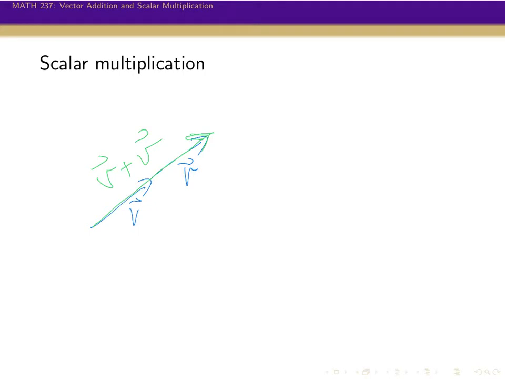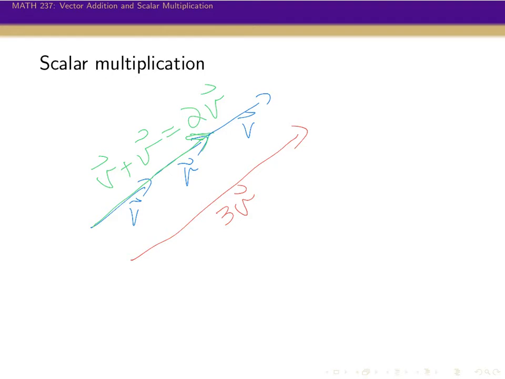But that's not the way that we're most used to saying it. So what should v plus v be? Well, really, it's two v's. Right? And then if I add another v to that, and I'll draw the sum up here, that should be three v's.